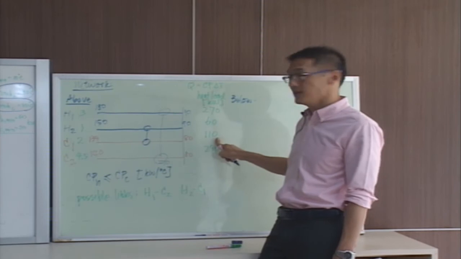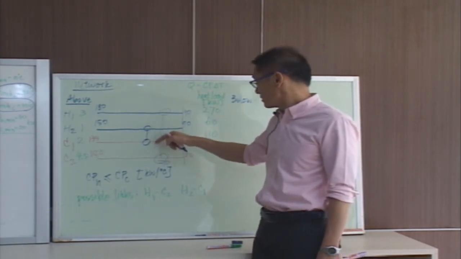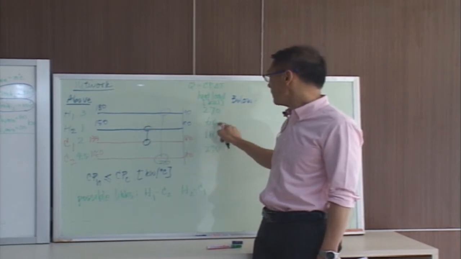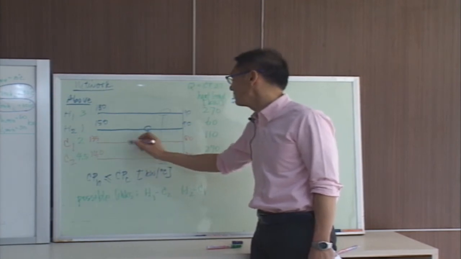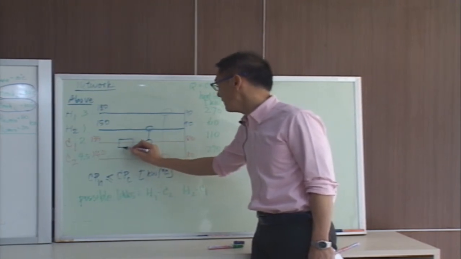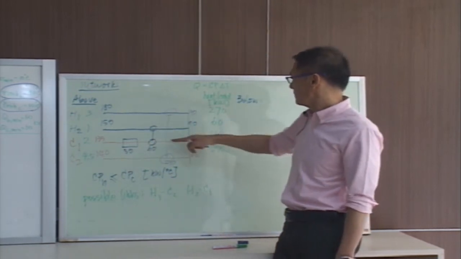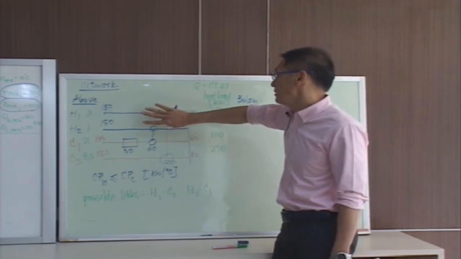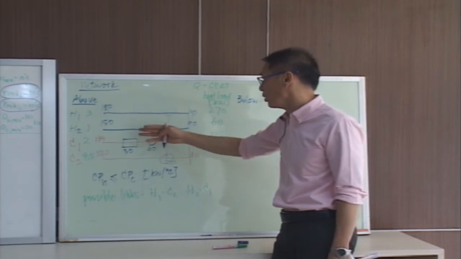C1 contains 110. So to make the heat exchange, the maximum that they can do is 60 kilowatt here. And the remainder would be another 50, because there is no more link between cold and hot stream. There is no more hot heat load that can be provided to the cold side.